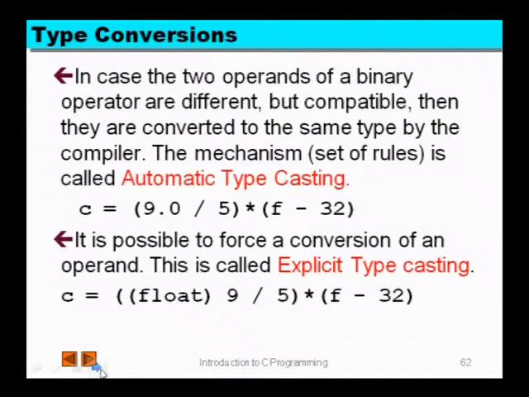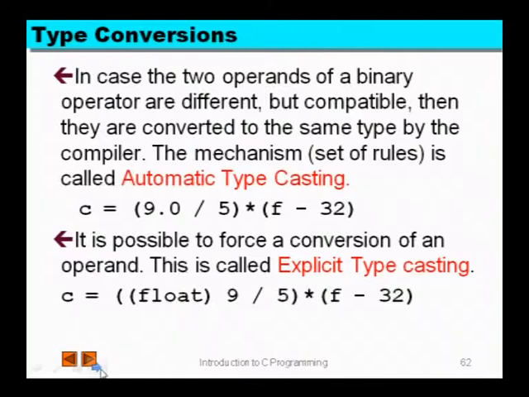This is called explicit typecasting, that is, we convert as per our own requirement, a customized conversion. For example, here we have C is equal to float 9 divided by 5.